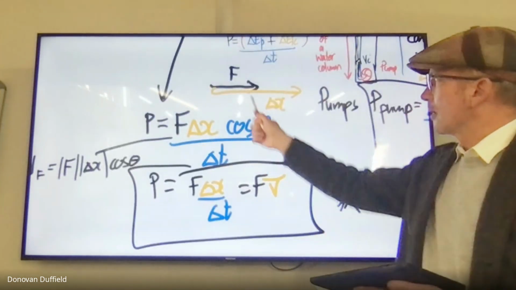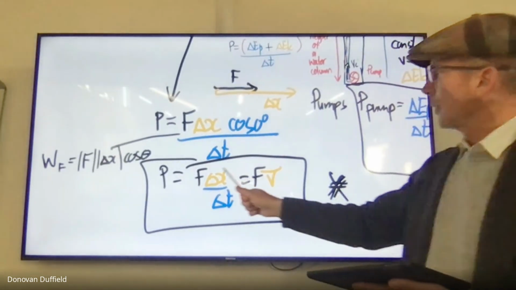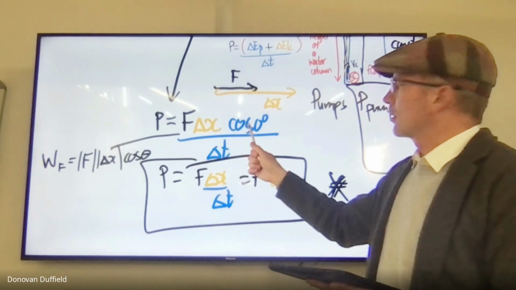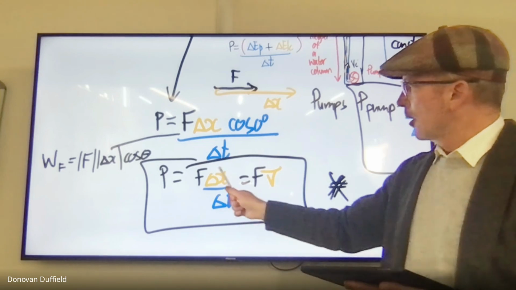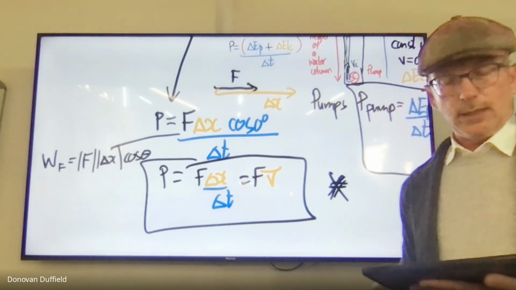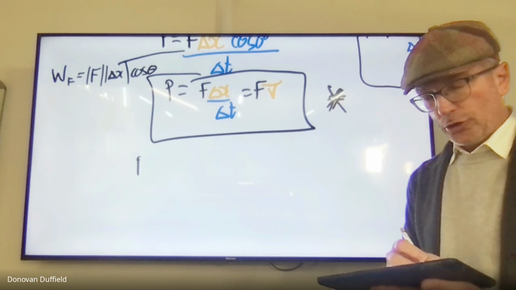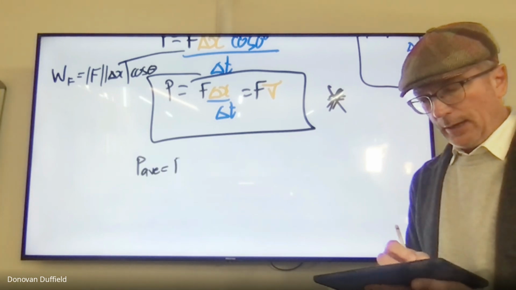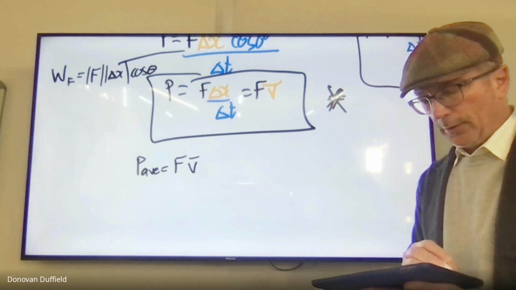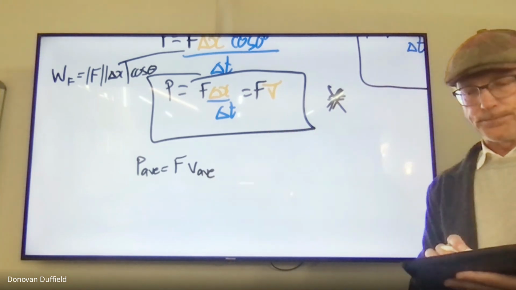And if the angle is 0 degrees between the force and delta x, then the work done by that force is F delta x over, and of course it's delta t, that's the work done. F delta x cos 0 is 1, and over delta t, notice that delta x over delta t gives us our average velocity. And that is where that formula comes from, that P average equals F times V average. So you can use a bar on the top, that line on the top, the bar, or you can write it as V average.